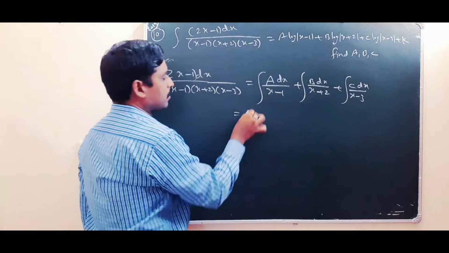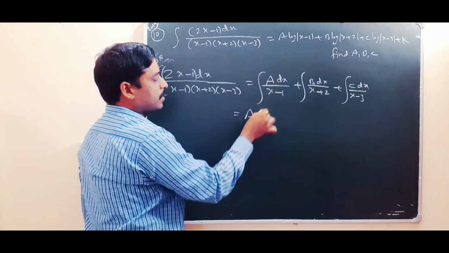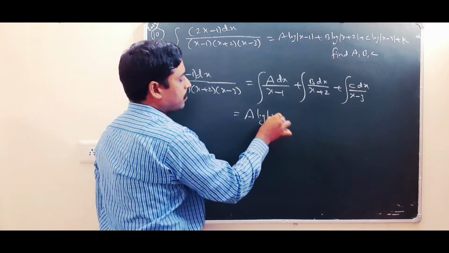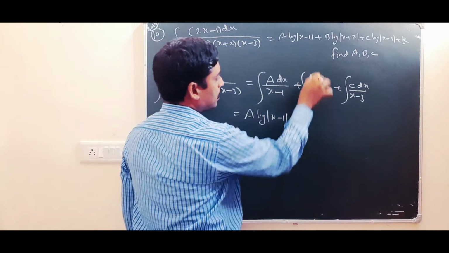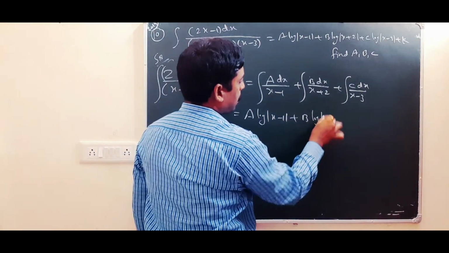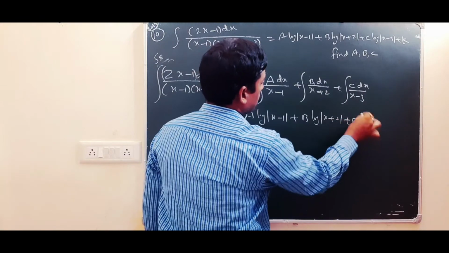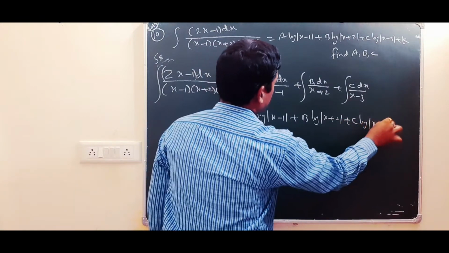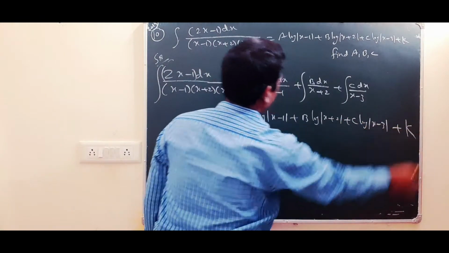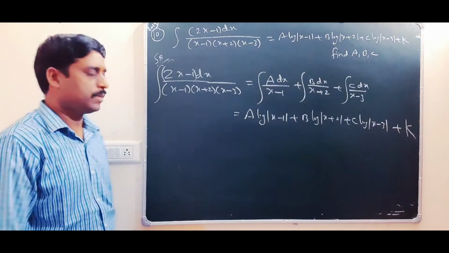In this, a is constant, so the integral of 1 by x minus 1 gives log x minus 1. In this, b is constant, write log x plus 2. c is constant, write log x minus 3, plus constant k. Our target is the a, b, c values.